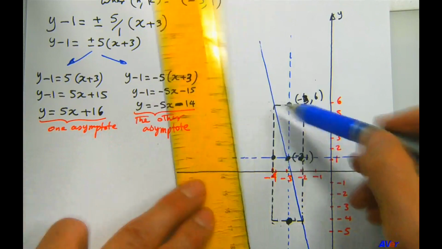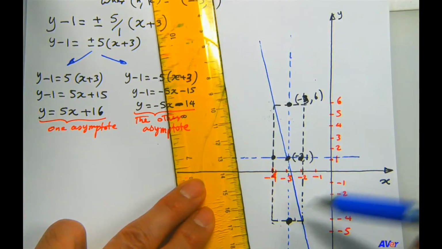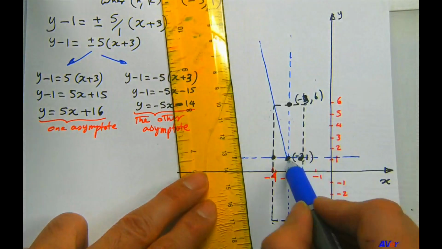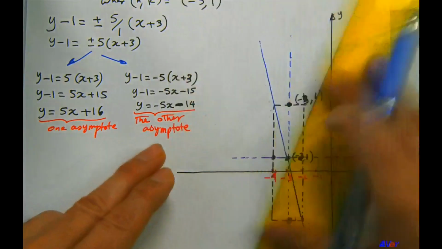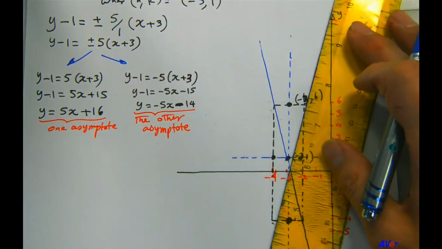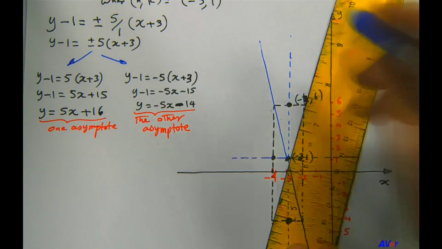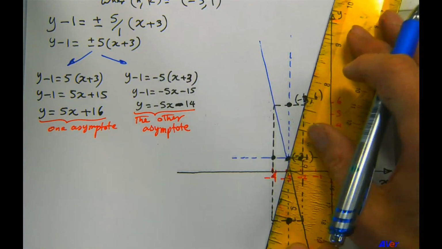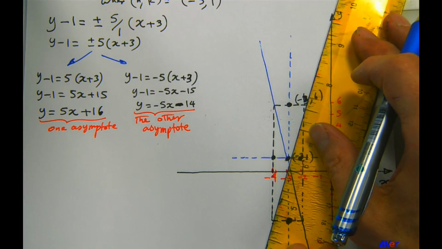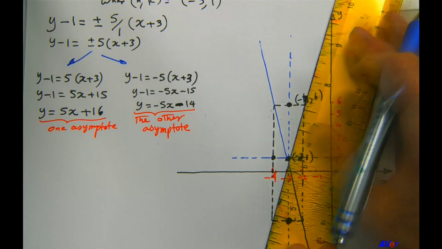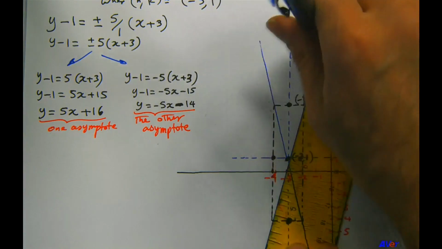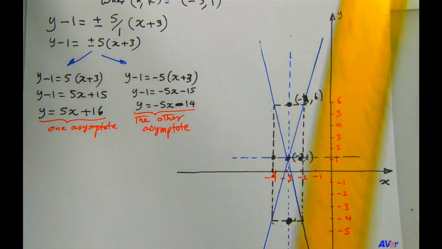Notice the asymptotes are going through the corner points of this central box as well as the center of the hyperbola. So I'll do the same thing on this side. So I want to go through that center right there, like that.